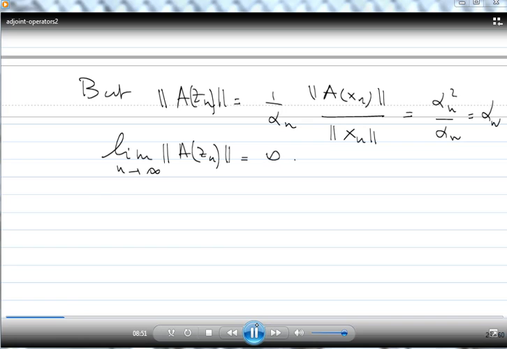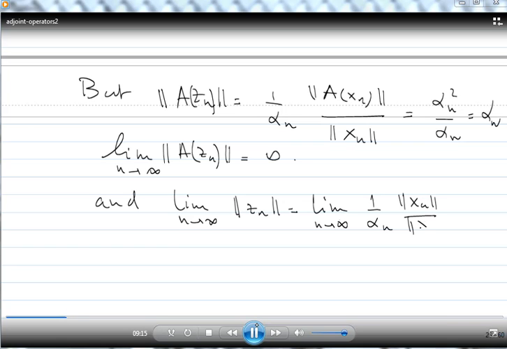But now if we take the limit of the norm of zn, it is equal to the limit when n goes to infinity of 1 over alpha n, because we are going to have the norm of xn over the norm of xn, which is 1.